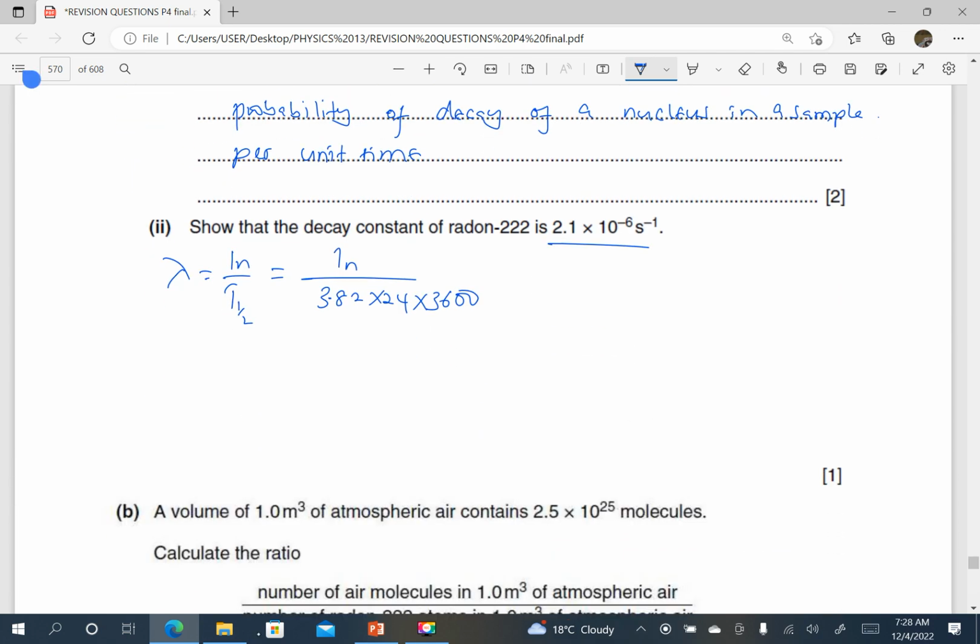So here we just press our calculator. So this is going to be equal to 2.1 times 10 power negative 6 per second.